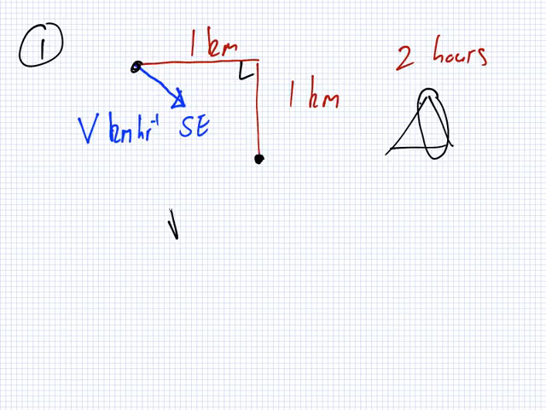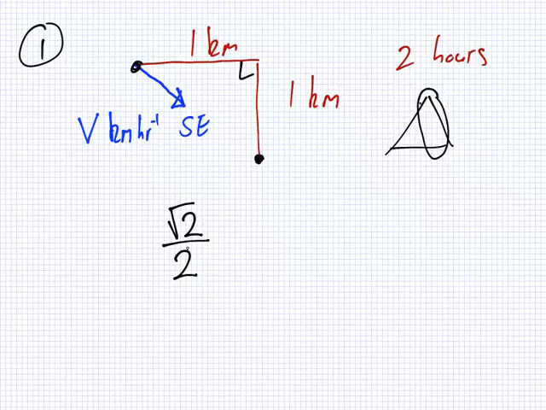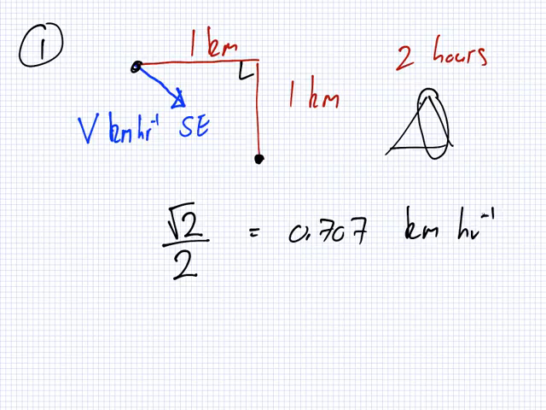It's root 2 from Pythagoras. So it's root 2 divided by 2 is the v. Now, do I want it in meters per second? I do. So it's 0.707 kilometers per hour.